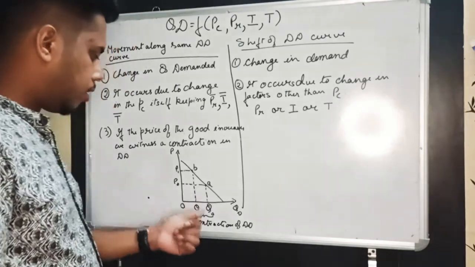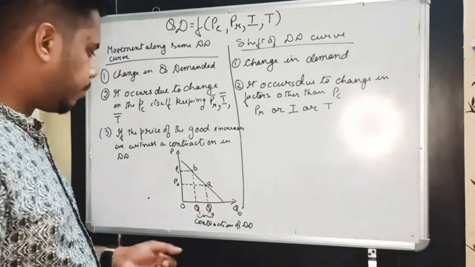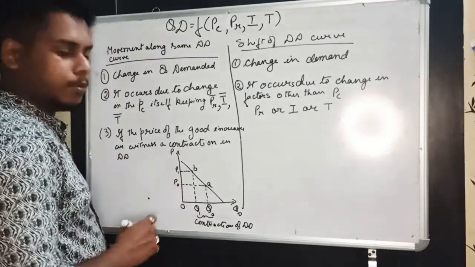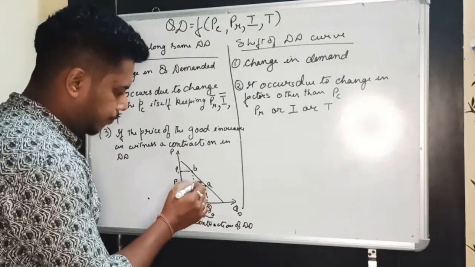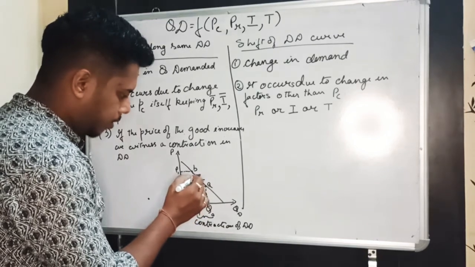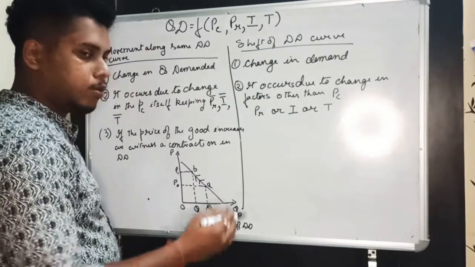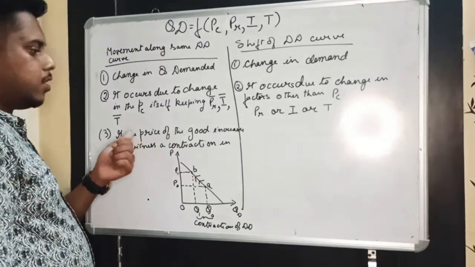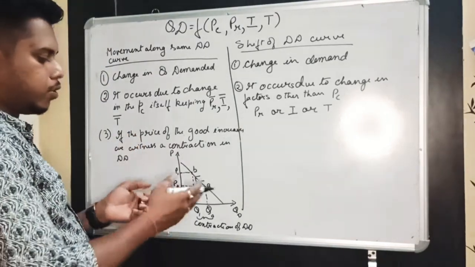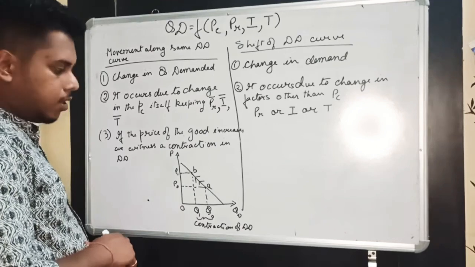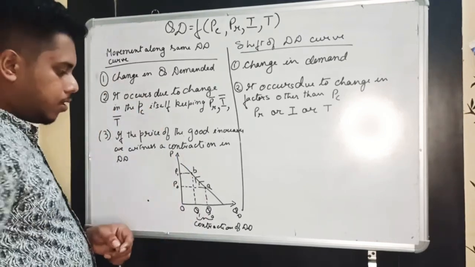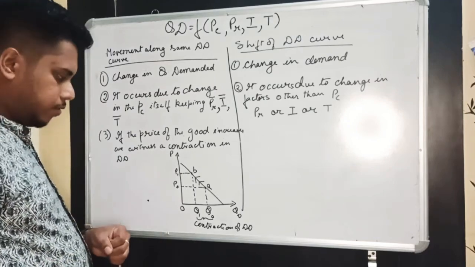And the contraction is basically represented by an upward movement along the demand curve. We were at point A, now we have to move to point B. That means we have to move upwards. So an increase in the price of the commodity leads to contraction of demand, and it can be represented by an upward movement along the same demand curve. Okay.